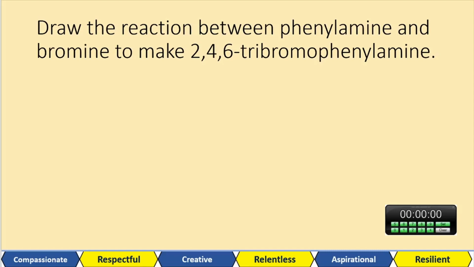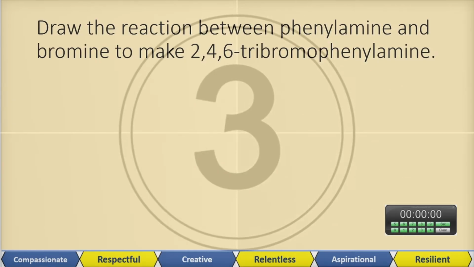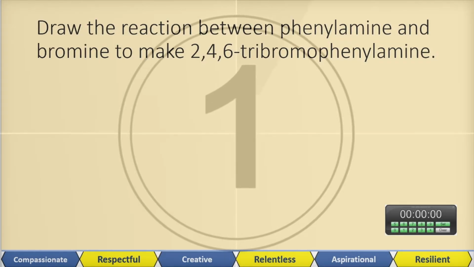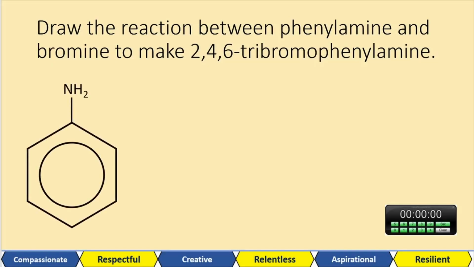I'm asking you to draw the reaction between phenylamine and bromine to make 2,4,6-tribromophenylamine. So we have our phenylamine, and I'm going to balance this already.